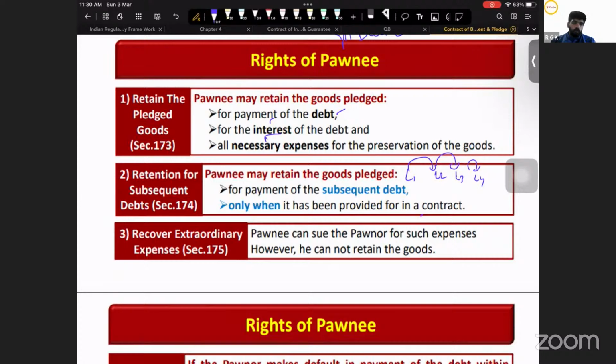Normally the pledgee will not incur any extraordinary expenses. If at all he has to, then for recovery of those expenses, pawnee cannot retain the goods, but can only sue the pawner. These are the 3 rights available over and above the rights of bailee. Along with this, rights of bailee should also be considered.